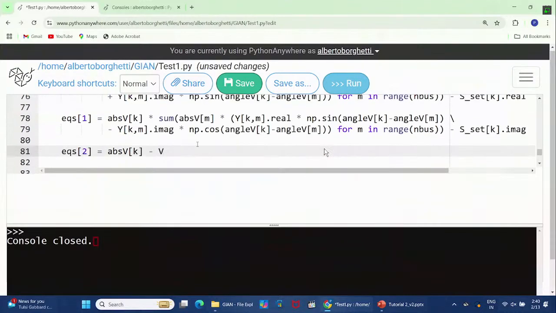So V abs, absolute value, of V set in index or bus K.